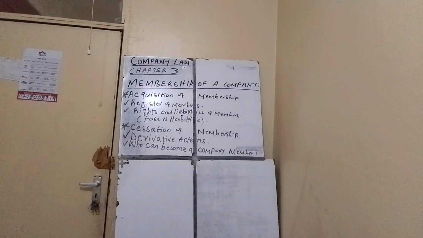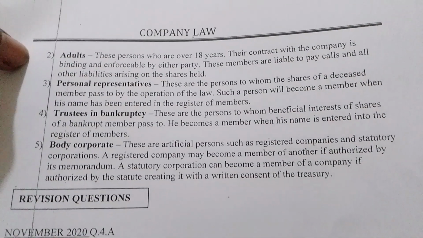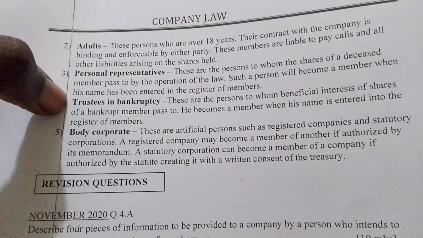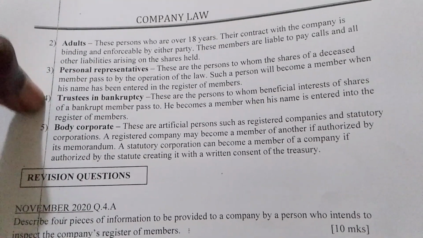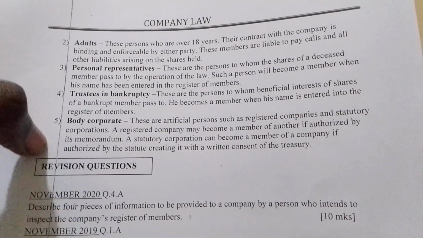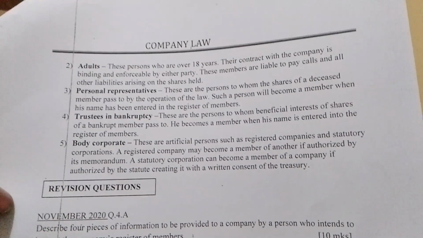An infant can become a member. Then we have adults. Adults can become members. Personal representatives, trustees in bankruptcy, and body corporates. Those five can become members.